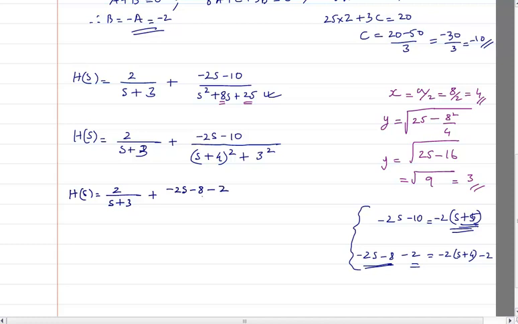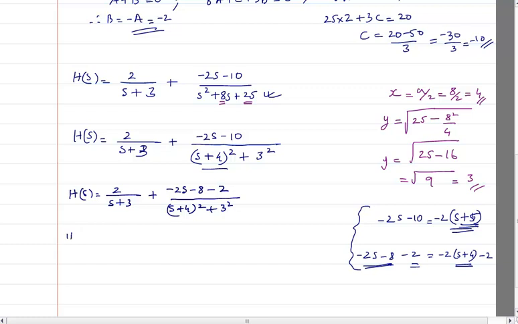Why did I write it as 8? Because if I take 2 common outside, I will get it in s plus 4 form, which is there in the denominator. That is why I wrote it in this form. So that divided by s plus 4 the whole square plus 3 square.